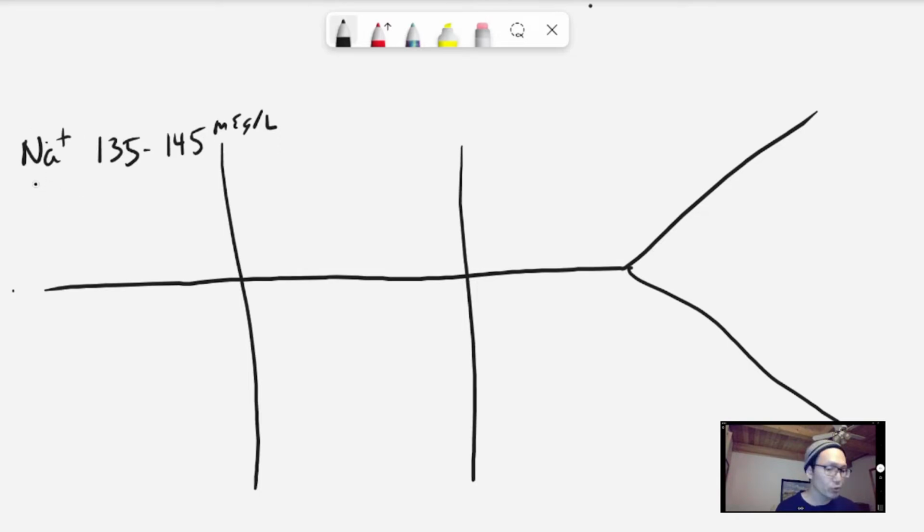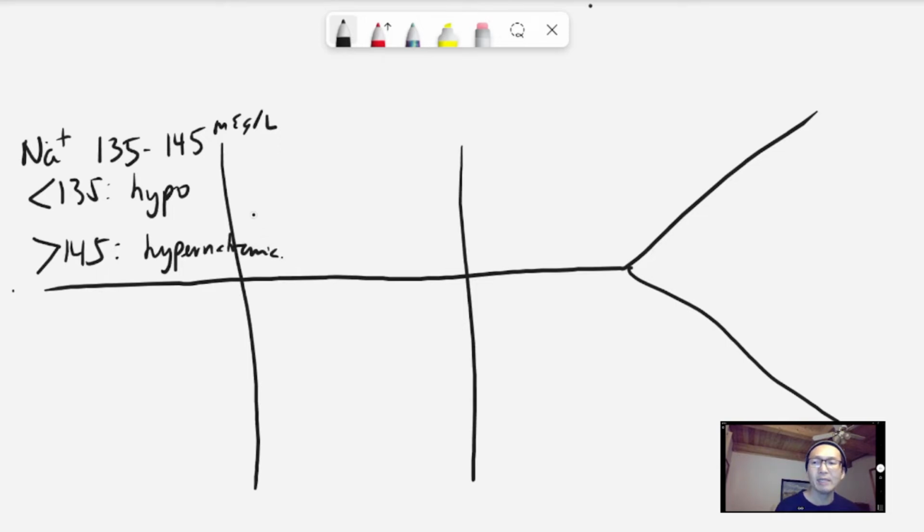And of course, if it's less than 135, it's considered hyponatremia. And if it's more than 145, it's considered hypernatremia. And I'm talking about from a perspective of being in primary care. If you get the result and you see the sodium less than 135, for example 133 or 132, it's not that big of a difference.